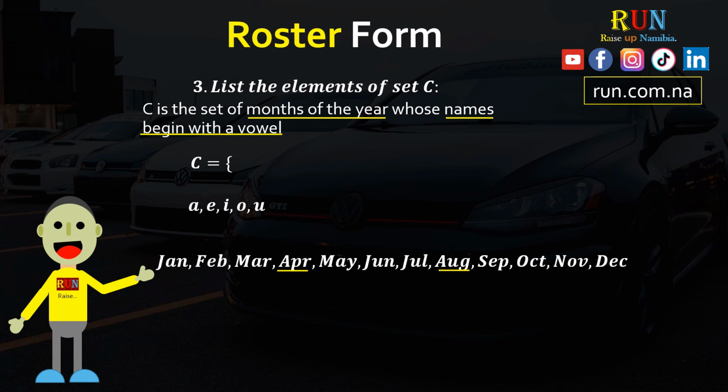No, there is nothing. Is there any month that starts with an O? Yes, there is October. Is there any month that starts with a U? No, there is nothing. So, this means these 3 are your elements. Okay? And just like that, you have just listed the elements of set C.